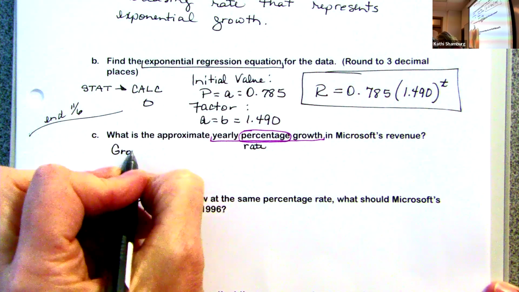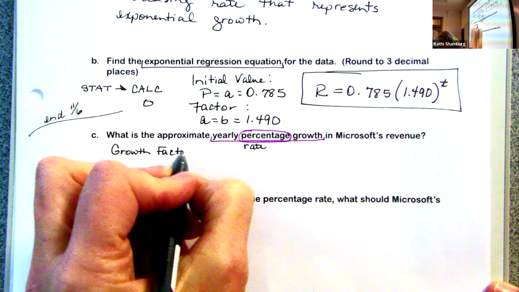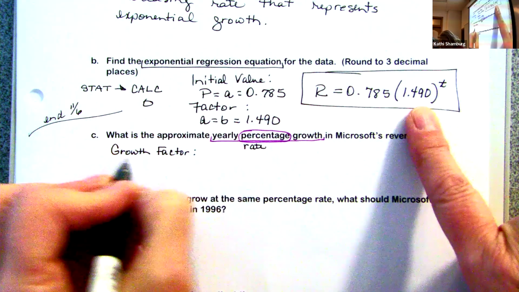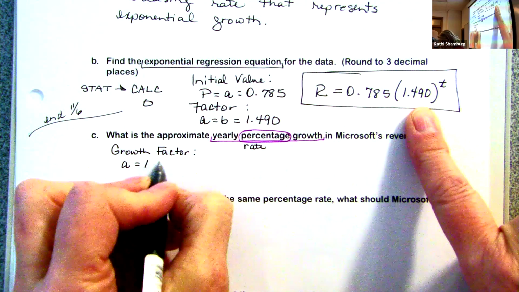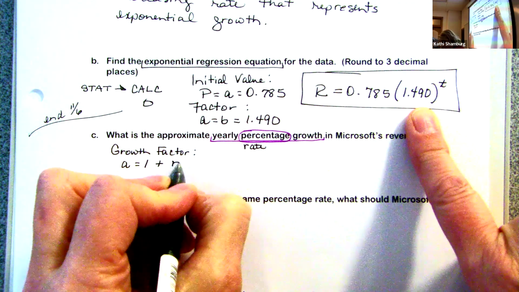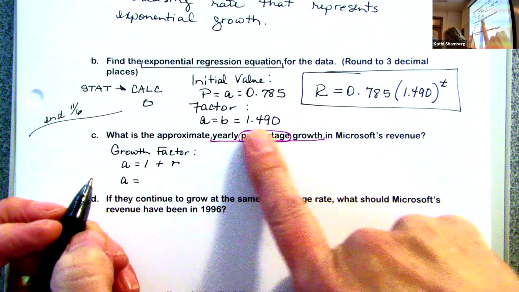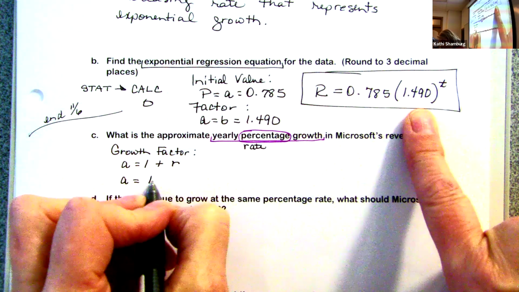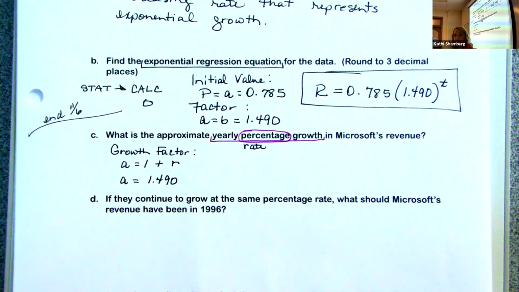So we know the growth factor is 1 plus R. And the value we found in part B for the growth factor was 1.490. But all we need is the R, right?